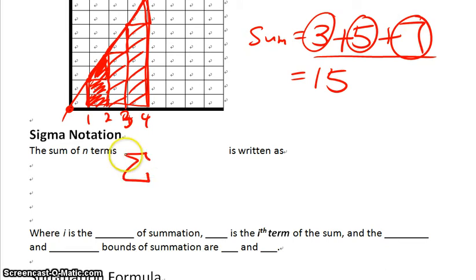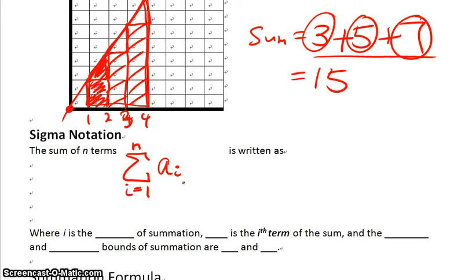This is sigma, a Greek capital letter. Then we have an index starting from 1. It always starts with 1, but you can also start with another number. Then you just count one by one all the way up to n, and you have a_i here.